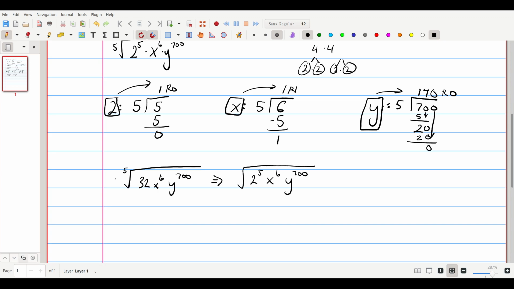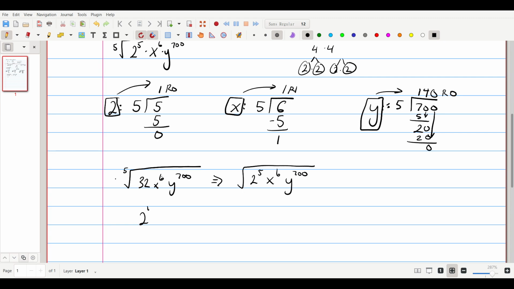The first number tells you how many are on the outside. So we have 1 remainder 0. That means 1, 2 is on the outside. And none of them are left on the inside, so we're not even going to write anything.